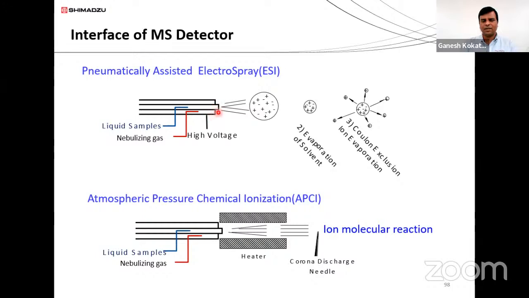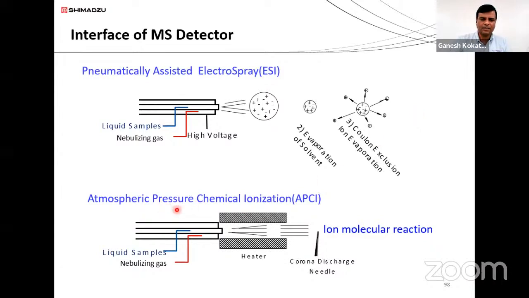Just by applying gas, it forms some droplets, and evaporation of the solvent takes place as we are applying some temperature over here, which is almost more than 200, or maybe 150 to 200 degrees Celsius. All the solvents get evaporated and only desolvation and ion formation takes place, and after that the ion passes inside the MS to identify the mass.